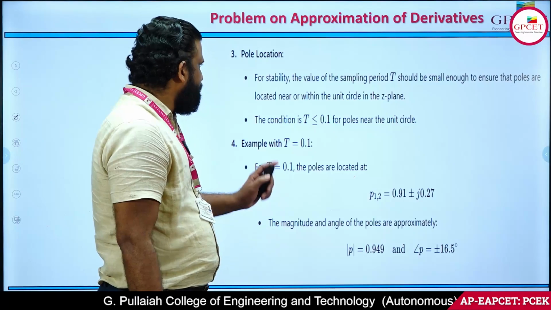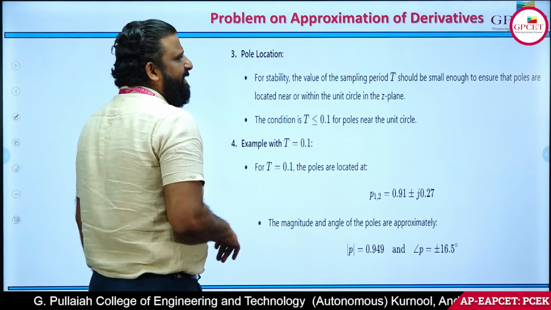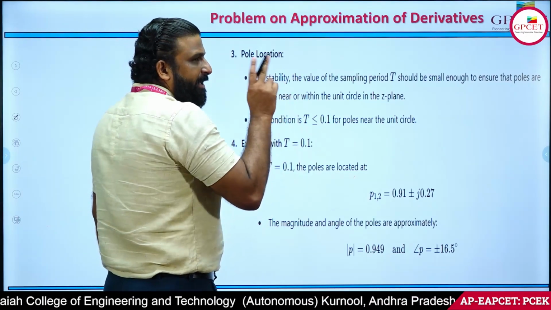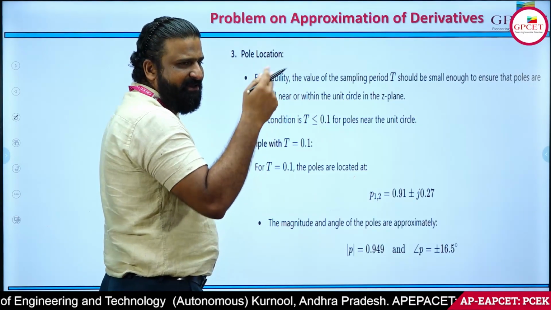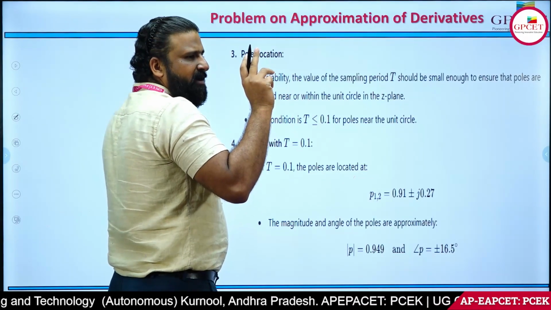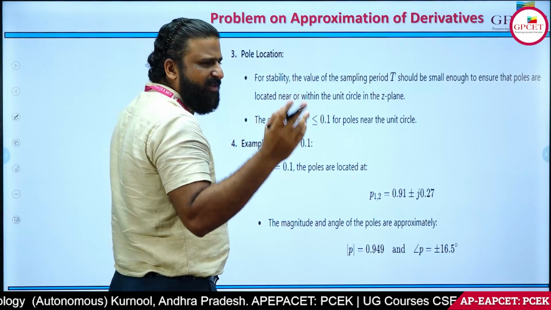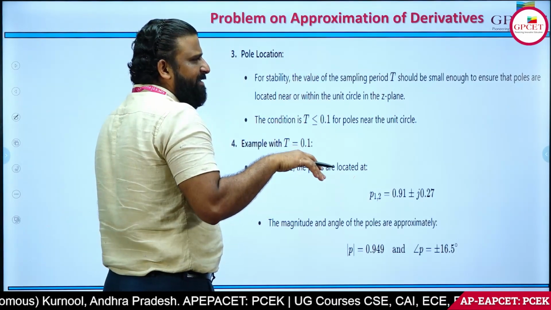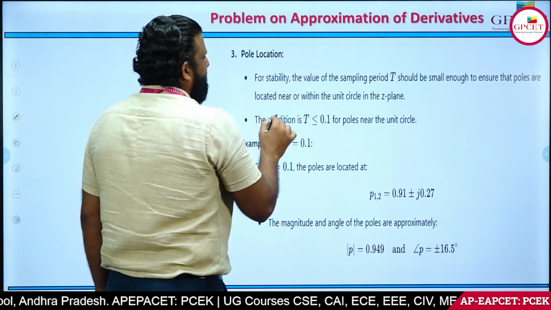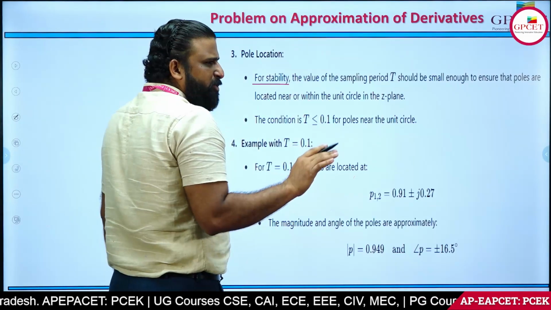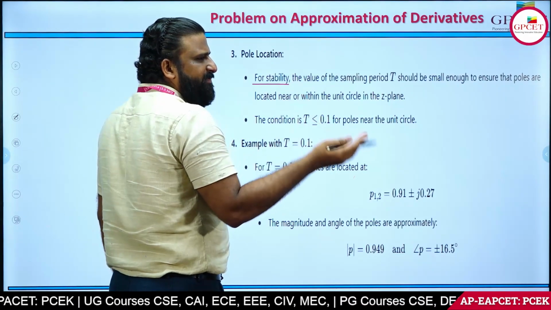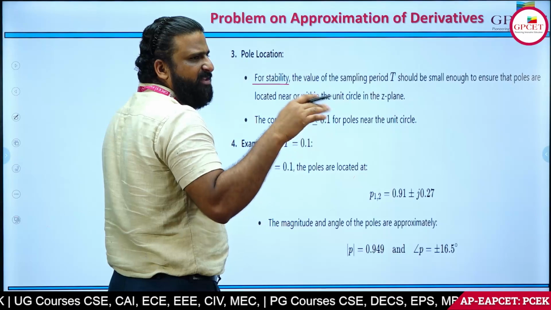Now here, for the stability, according to the conditions we have studied, there are two conditions. In the second condition, the conversion should be stable for the analog filter as well as the digital filter. That's why pole location matters. For the system to be stable, the poles should lie within the unit circle of the z plane.